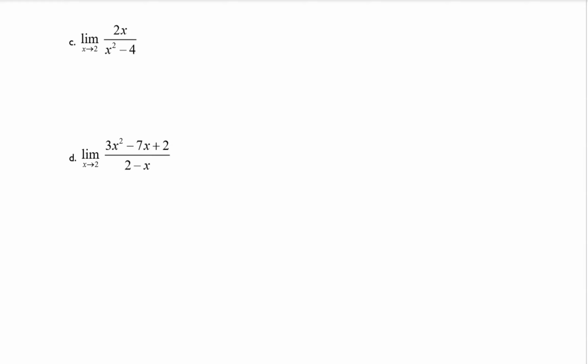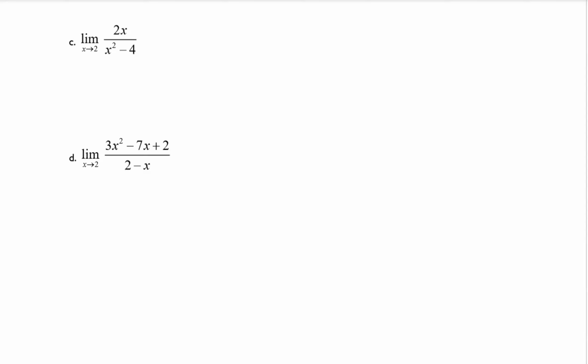So the next thing that you want to do for rational functions is you want to try and see if it's factorable, which in this case it's not. So we could do 2x over x plus 2 over x minus 2. I take that back, sorry. It is factorable, but we can't cancel out or divide out any terms from both the numerator and the denominator. So I factored it here, but that doesn't get us anywhere. So the next thing is we are going to graph it.